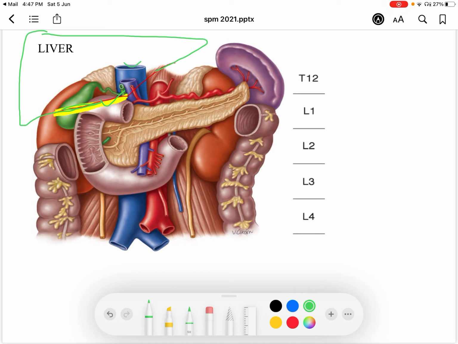Behind this there is the inferior vena cava, portal vein, celiac trunk, head of the pancreas and spleen, left kidney, right kidney and the transverse colon. You can see the superior mesenteric vessels crossing the uncinate process. This is the uncinate process, and this is the third part of the duodenum. Psoas major muscle and ureter.